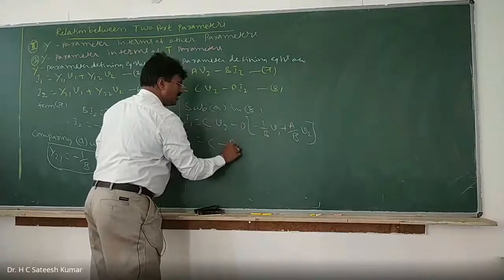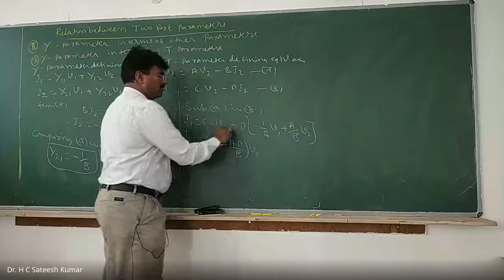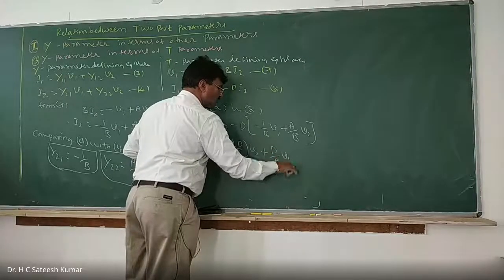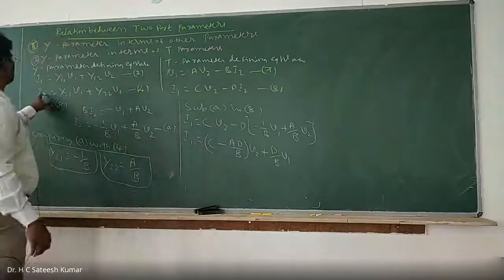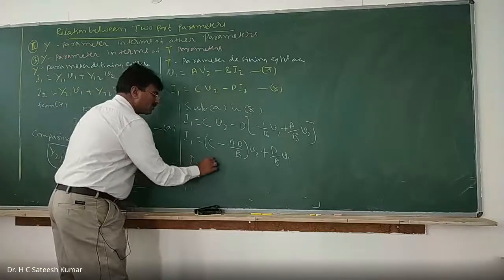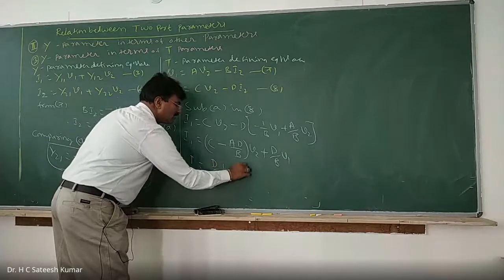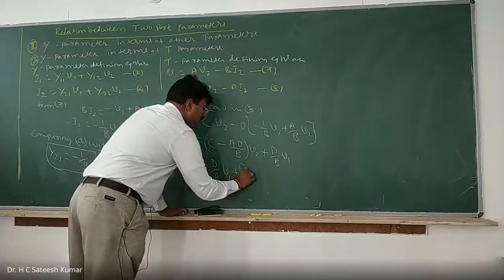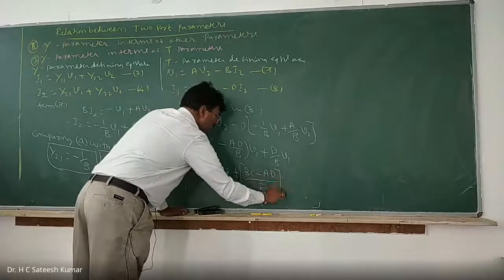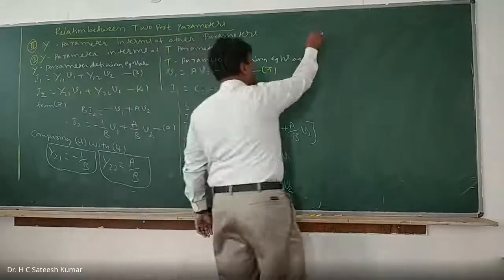Take common V2. Minus into minus plus D by B into V1. Now arrange it in the order I2, V1, V2. So V1 you write first. I1 is equal to D by B into V1 plus, take the LCM, BC minus AD divided by B into V2.